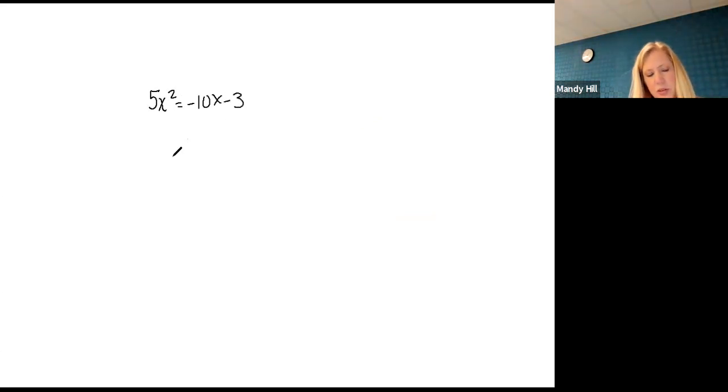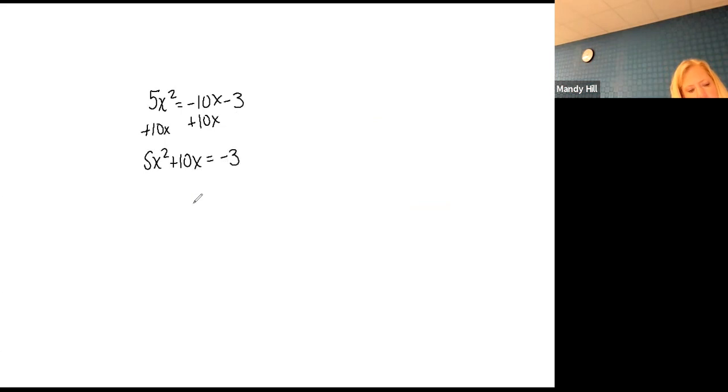Okay, what if I have 5x squared equals -10x minus 3. First thing I want to do is solve this for 0. So I'm going to move the 10x to the other side. So 5x squared plus 10x is equal to -3.